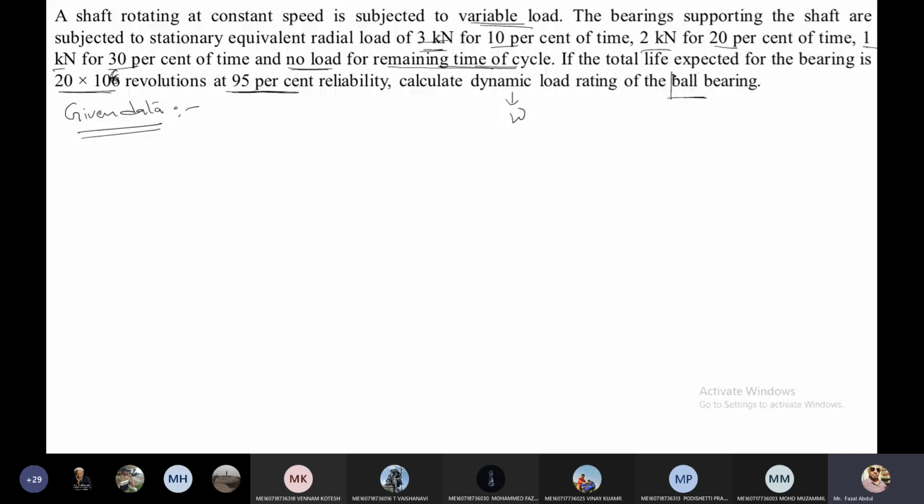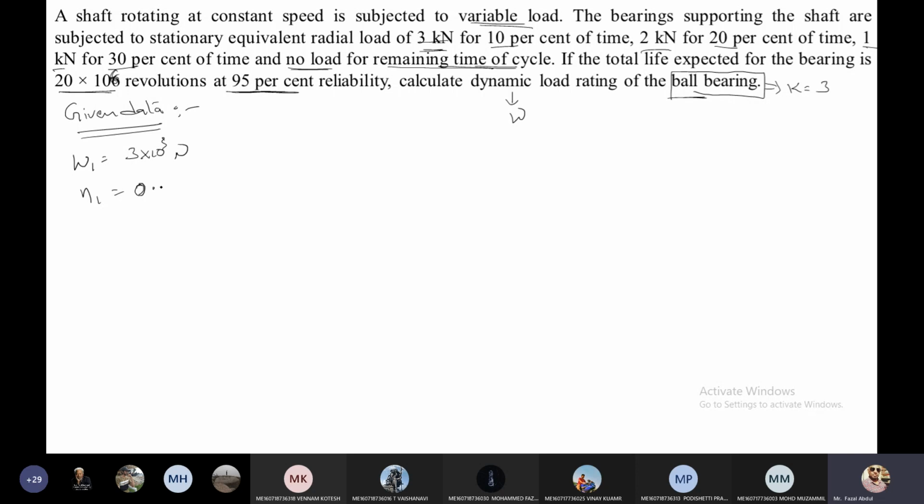So here it is particularly mentioned for the ball bearing. Ball bearing means we have to take the K value as 3. Okay. Now the given data I am writing: for the first time, W1 is 3 kilonewtons, 10 to the power of 3 newtons, for N1 revolutions, as 10% of the time. So 10% of time means how much we have to take?